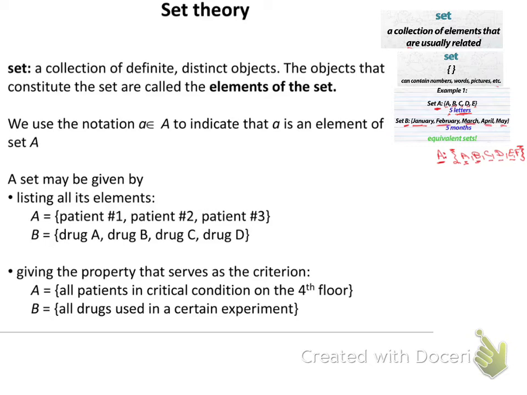So set B has 5 elements and set A has 5 elements. If they have the same number of elements, regardless of what the objects are, they are called equivalent sets. So these 2 sets are equivalent sets, because they have the same number of elements inside each set.